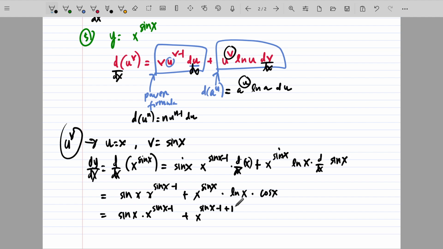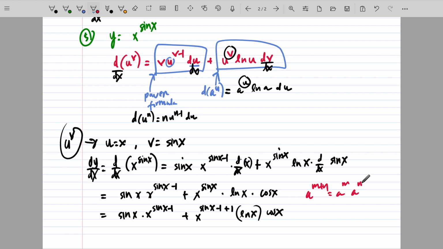Tama na. Okay, then ln x tapos cosine of x. Okay, ngayon ito, syempre, iwalay mo lang yan, di ba? Sabi sa algebra, kung meron kang a raised to m plus n, that is the same as a raised to m times a raised to n.